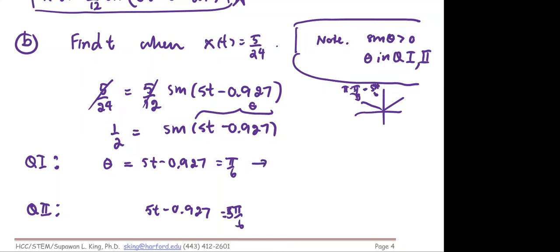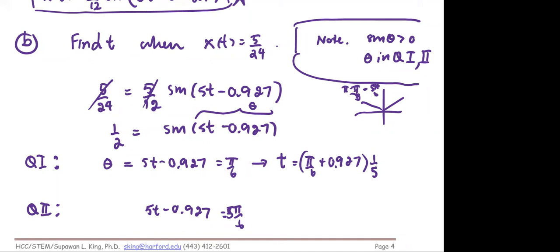The first one, we solve for t as an algebraic procedure now. So t equals pi over 6 plus 0.927, all divided by 5, so I multiply by 1 over 5. Well, this is just the first revolution, the first round.